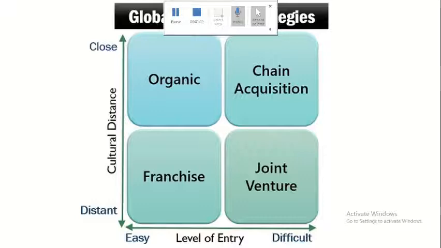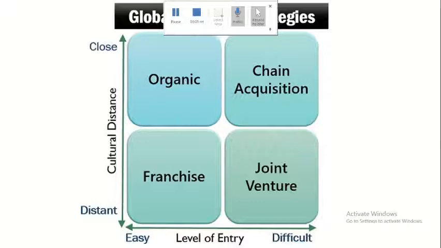The third is franchise. Franchise is one of the most common strategies of global retailing. It is franchising the business model, brand, procedure, copyright, and others, and establishing franchise outlets in different countries.